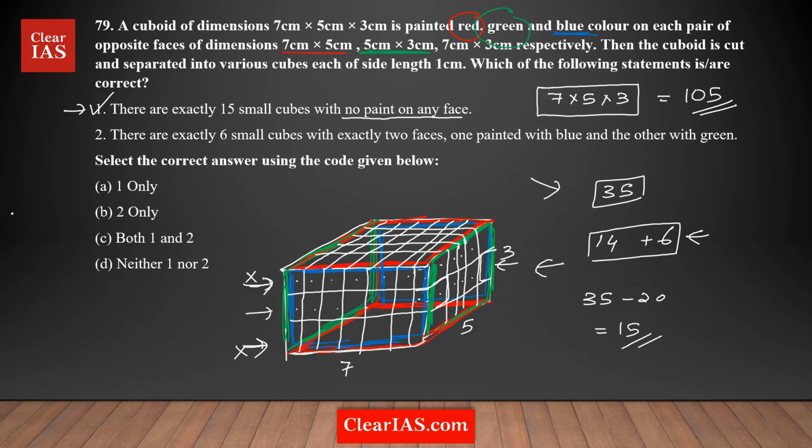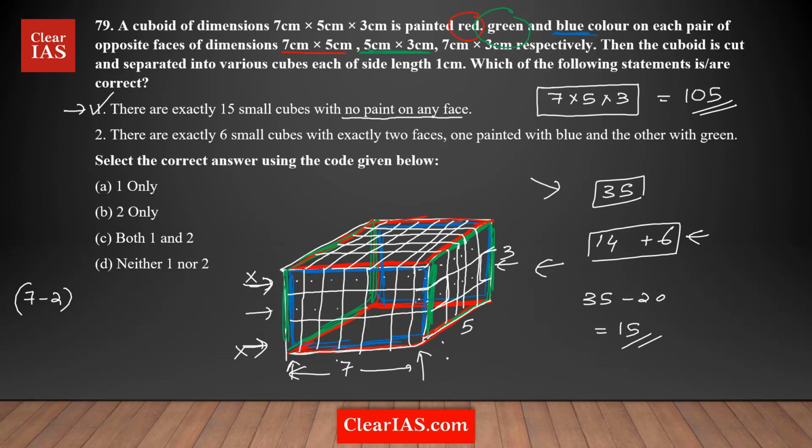Or what you can do is use the concept here. You just need to remove all the cubes in the border. All the cubes in the border I need to remove. So there are a total of 7 along this length. If I'm subtracting 2 here, 1 cube is in this border and 1 is here, so it's 7 minus 2. Similarly, along the breadth there are 5.